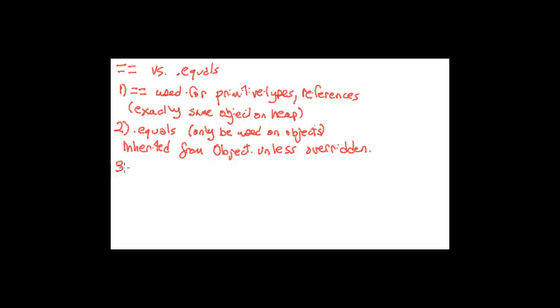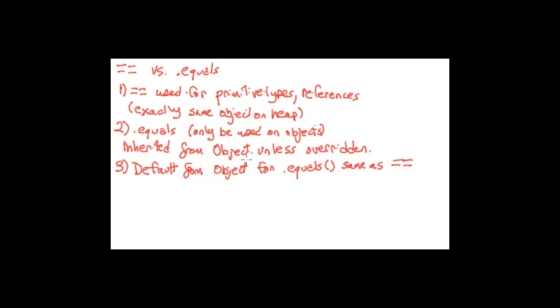The third thing to know is that the default behavior from Object for .equals is exactly the same behavior as ==. This is the point that people often miss.